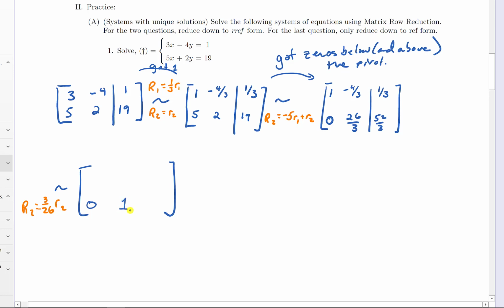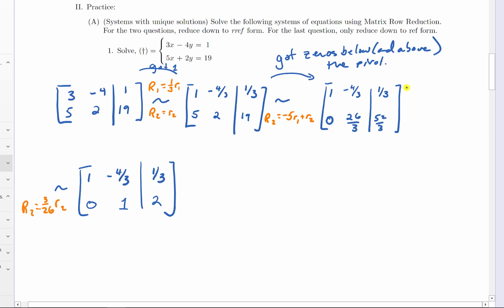That gives me the 1 in that pivot position that I was hoping for. That's the reason for this operation. Now I'm going to multiply this entry, 52/3, by 3/26, and that's going to give me an entry of 2 there. Okay. So next, let's copy this over. So we get 1, -4/3, and 1/3.